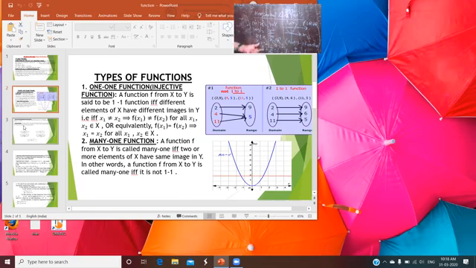So here you check that for distinct values of x1 and x2, the values of y1 and y2 are the same. So you can say that the function is not one-one. There are so many methods by which you can easily verify whether your function is a one-one function or not.